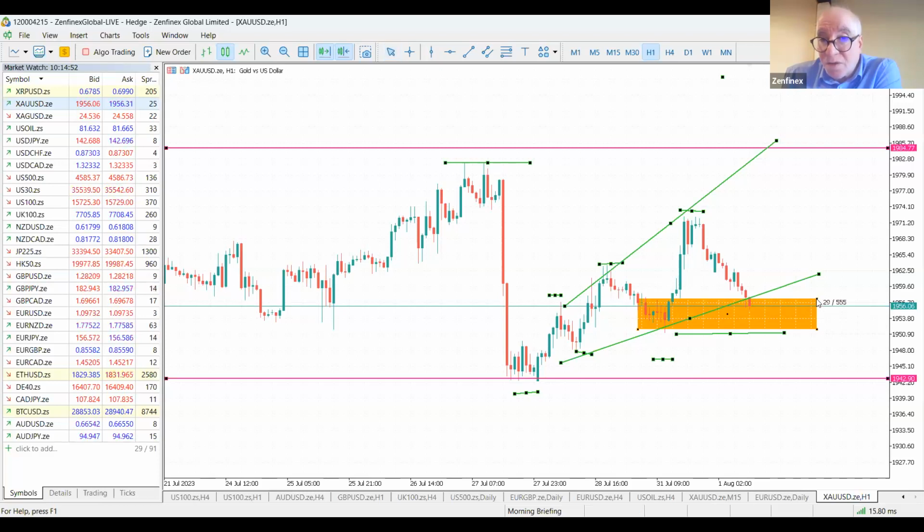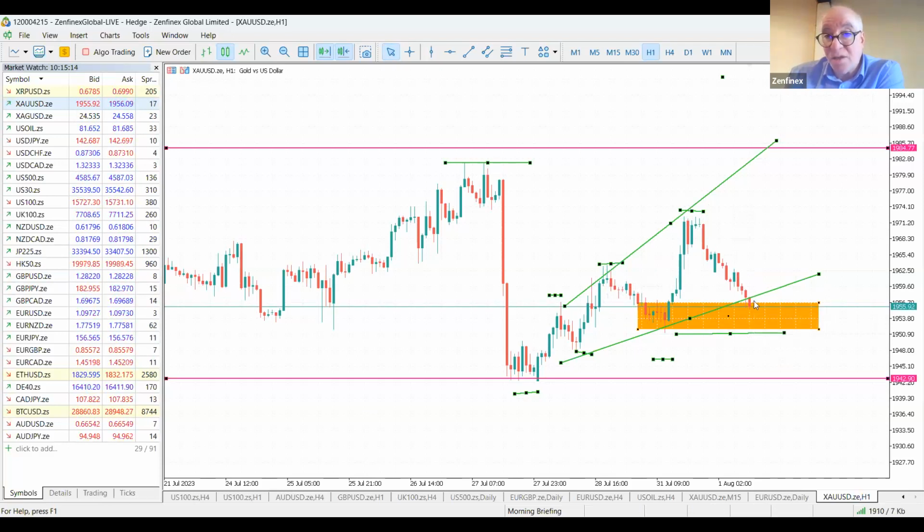I'm just going to see if I can capture a lot of that price action here. For that period of time, it broke out, broke these previous highs, and now it's coming to retest where it started from.